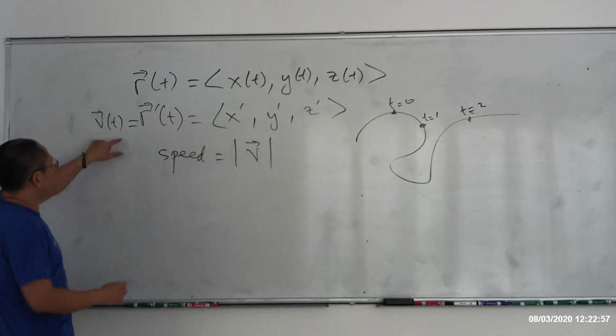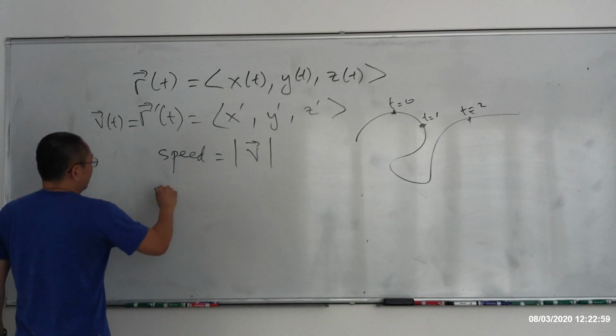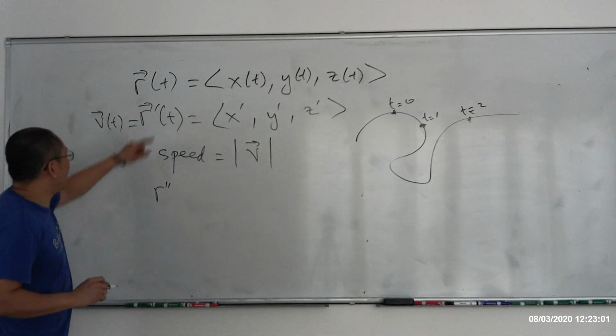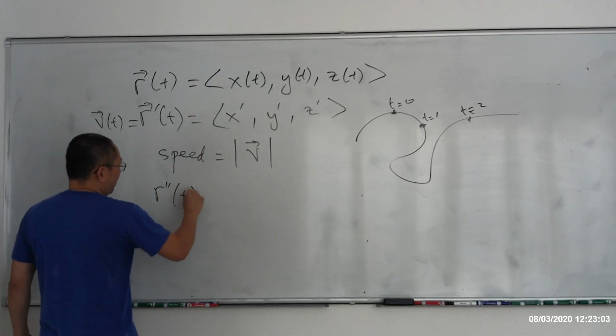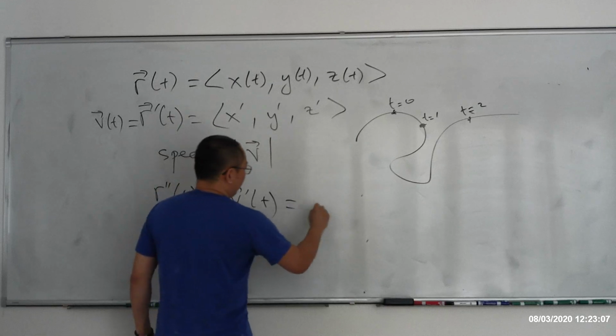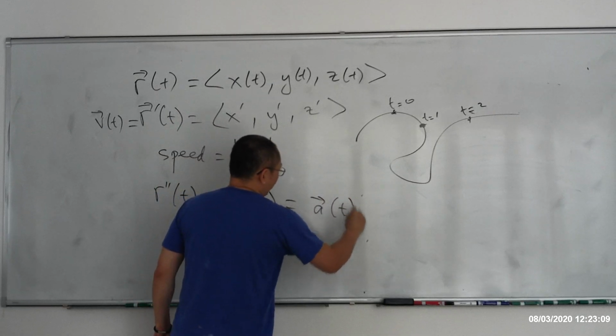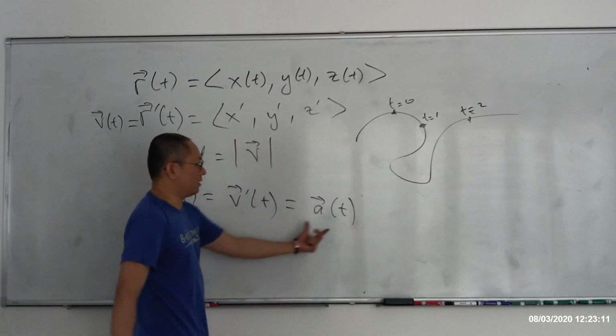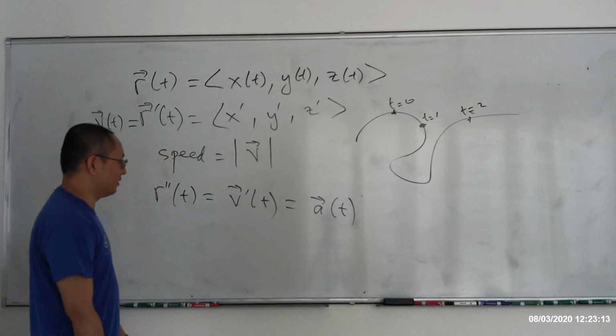And now you take the derivative of the velocity. So r double prime of t, which is v prime of t. Now we call it vector a. And for those who have studied physics already, you know this is called the acceleration vector. Okay?